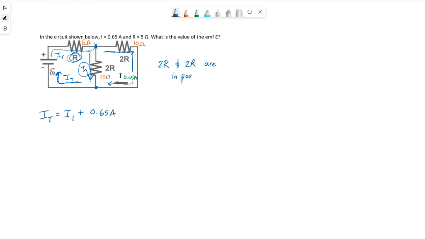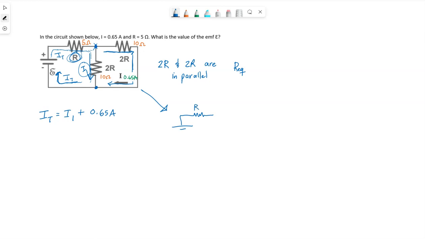We know this because we do not have to go through both of them when we follow a path from one end of the battery to the other. If they are in parallel, we can find an equivalent, but I'll finish my thought process really quick.